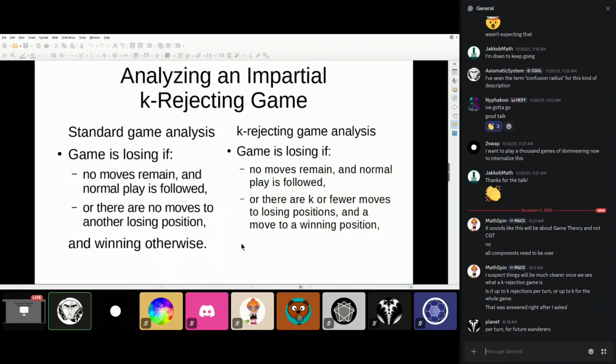Either I will run out of rejections before you run out of losing moves, or you will have a last move that I can't reject. So if you have K or fewer moves to losing positions, enough moves that I can reject, and you have a move to a winning position that I can force you to give me, then you're losing. Otherwise, you're winning.